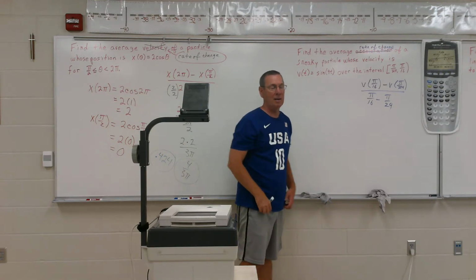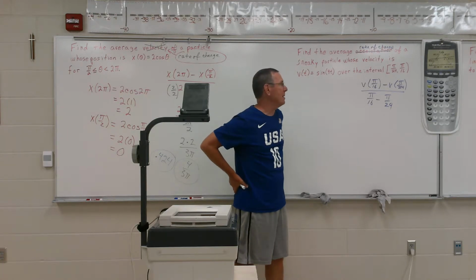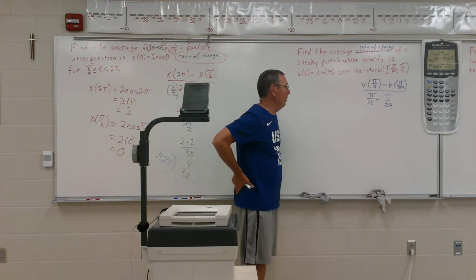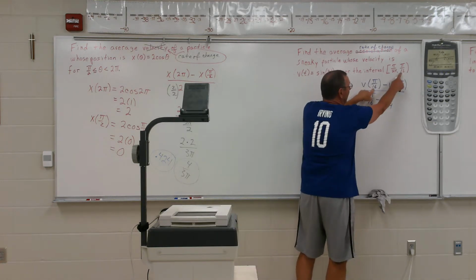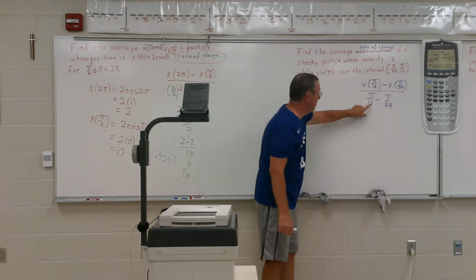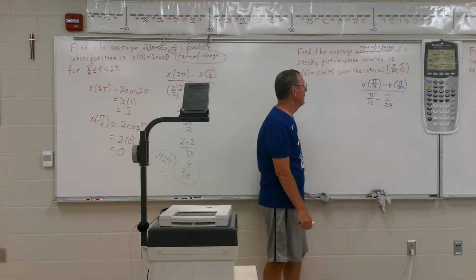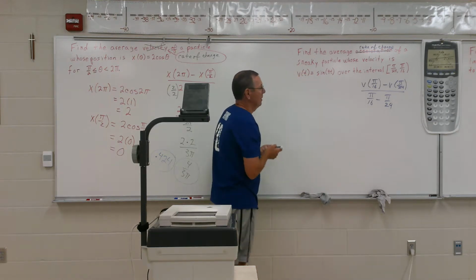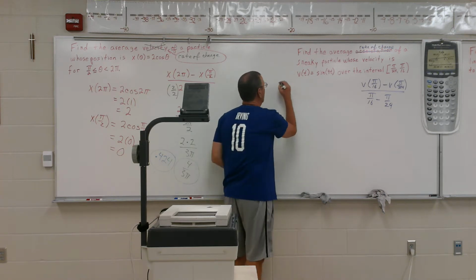So we're grabbing that generic f of b minus f of a over b minus a formula. Instead, this time it's going to be velocity of pi over 16 minus velocity of pi over 24, over pi over 16 minus pi over 24. There we go. I need a velocity when the time is pi over 16.